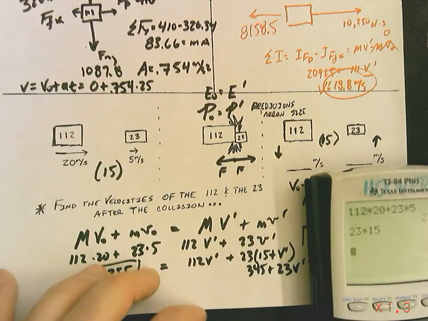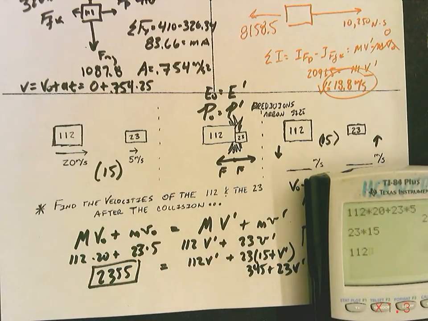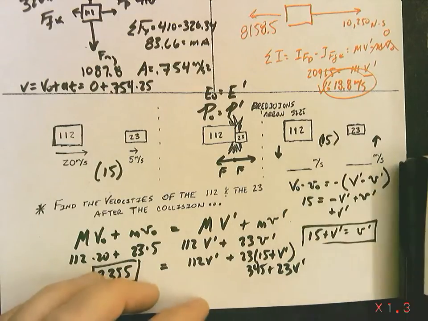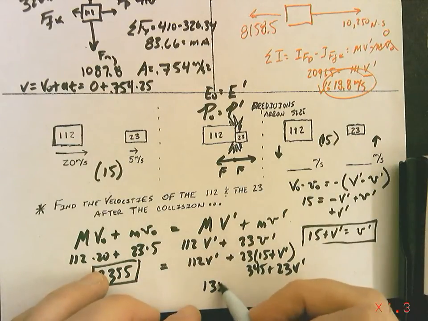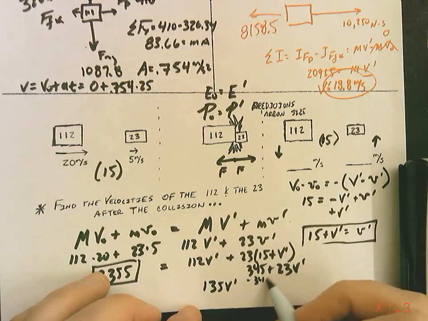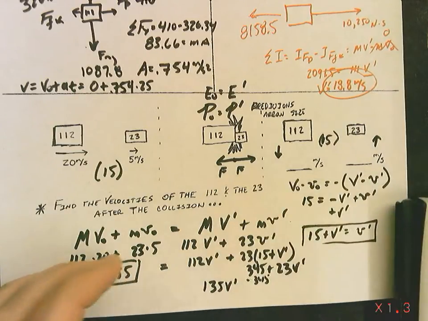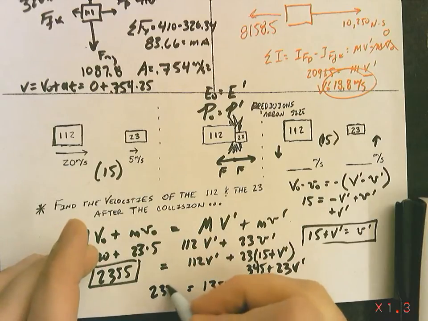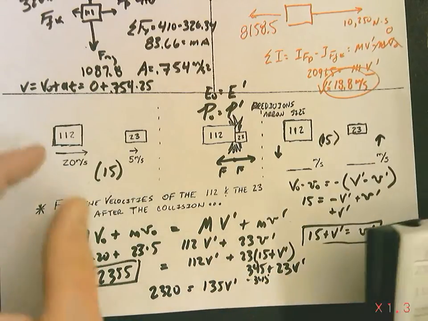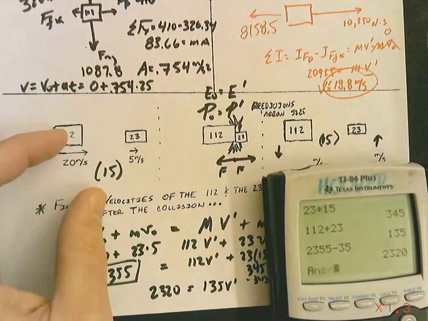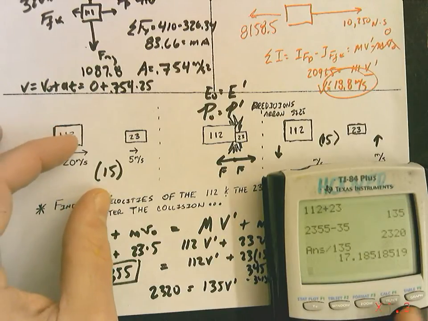So now I have to combine my like terms of big V. 112 plus 23 is 135 big V. I want to subtract 345 from both sides. So 2355 minus 35 is 2320. So big V, just divide here, must equal 17.185.